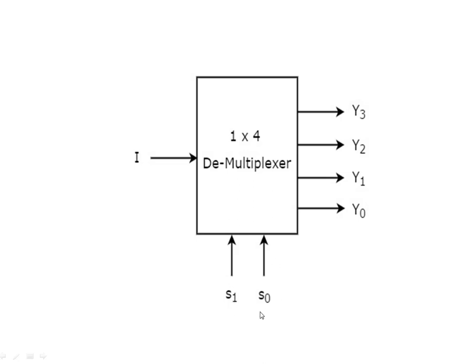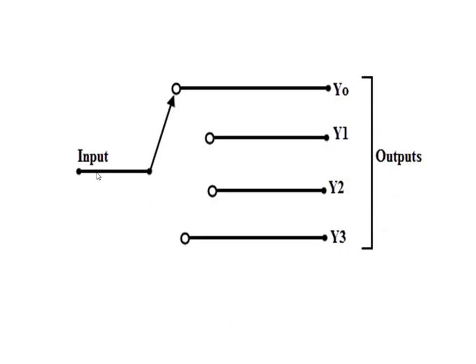According to the selection, the input will reach a particular target. See guys, I give one input and I select 0 0, meaning S0 S1. S0 is 0, so in the default condition my output Y0, that is D0, will be activated.